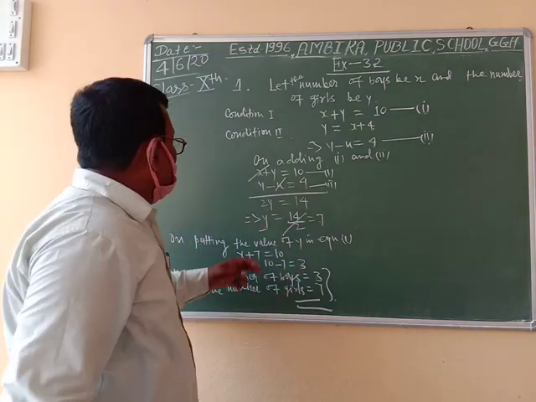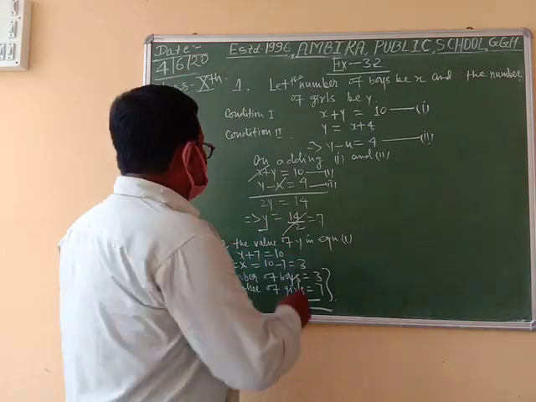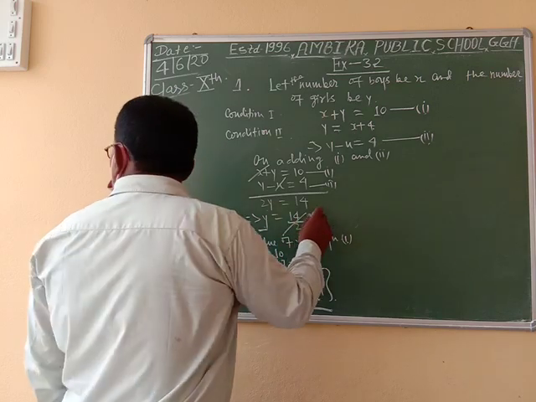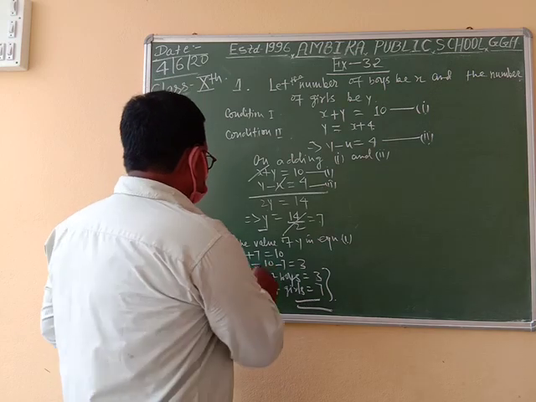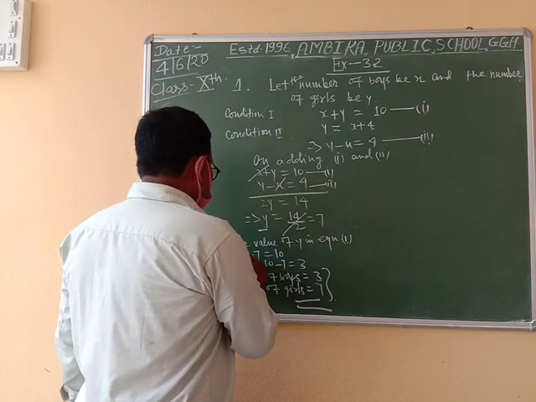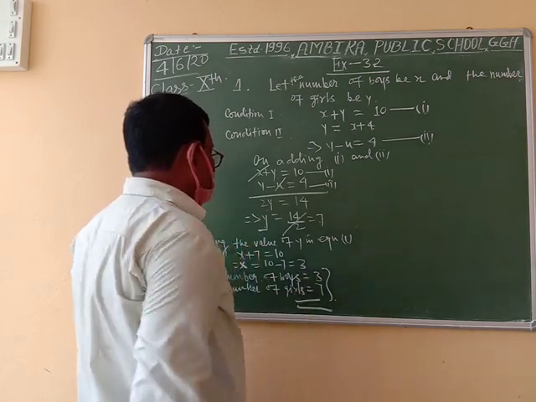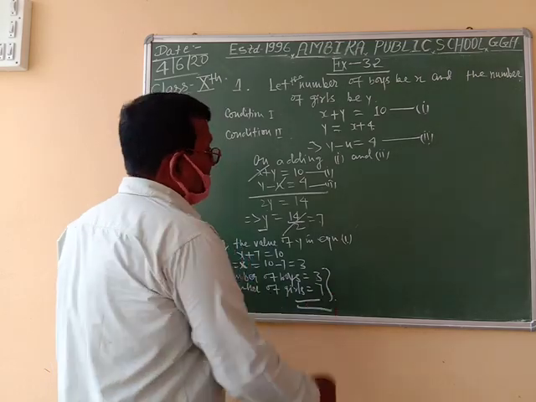Here y is the number of girls, hence the number of girls in the quiz competition is 7. On putting the value of y in equation 1, we get x is equal to 3. So the number of boys is 3 and the number of girls is 7.